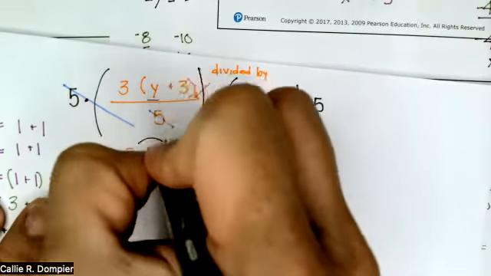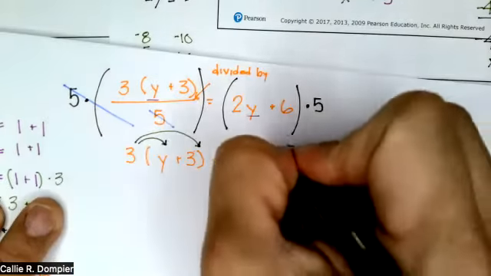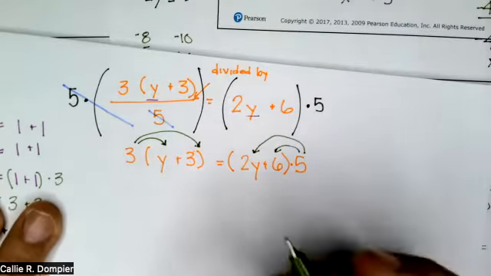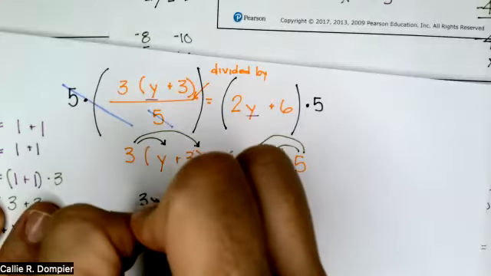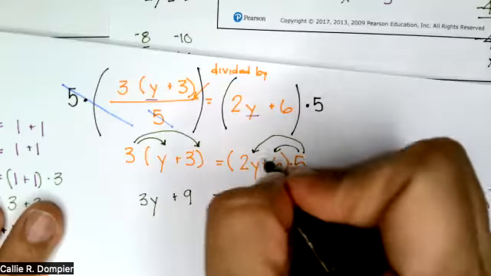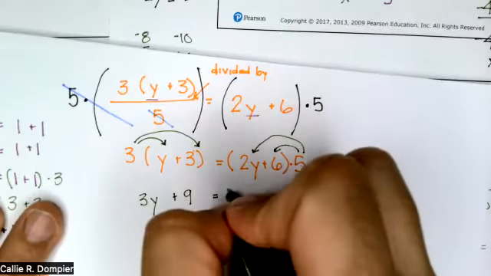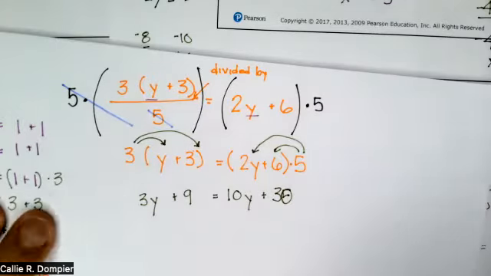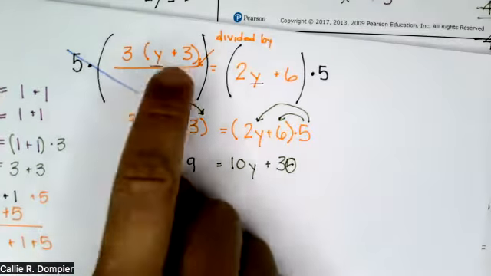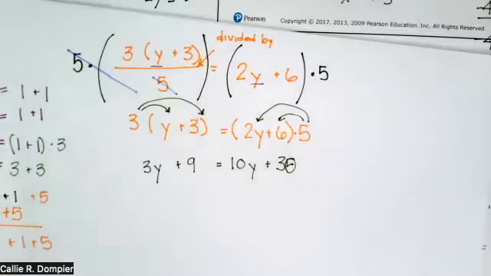I'm going to distribute the 3, distribute the 5. You can also put the 5 in front, doesn't matter. 3 times y is 3y. 3 times 3 is 9. 5 times 2y is 10y. 5 times 6 is what? 30? As I write 35. Scary. All right, any questions? So that's how you get rid of a fraction.